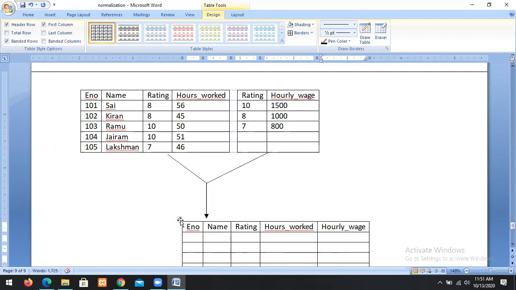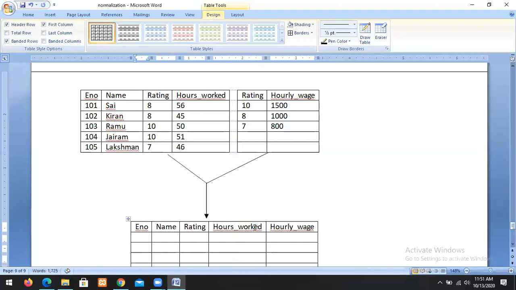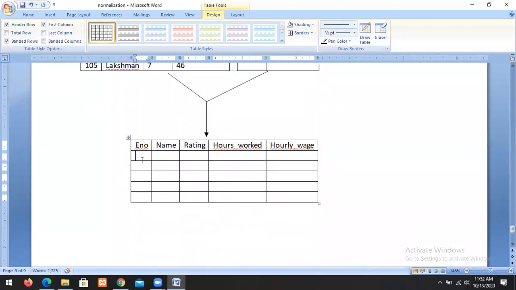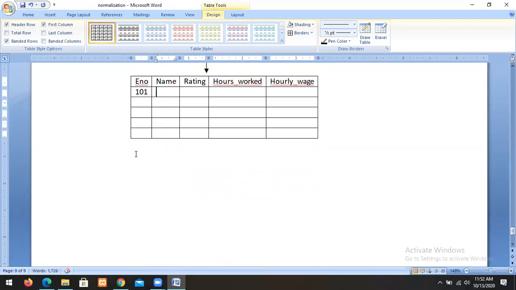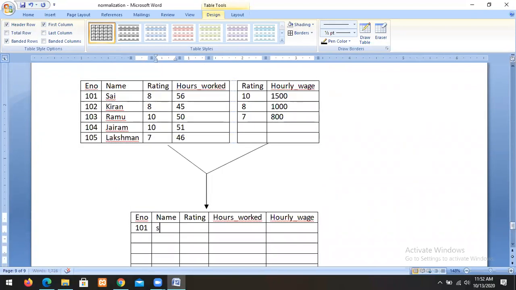When I joined these two relations, the first row is 101. The name is Mr. Sai. Rating is 8. Number of hours worked is 56. The column value is matched, so 8 is matched with 8, and the hourly wage is 1000.